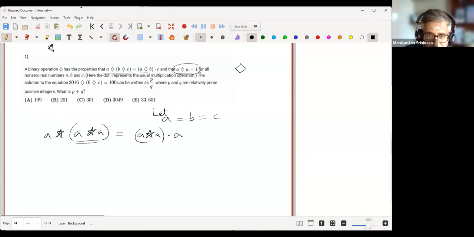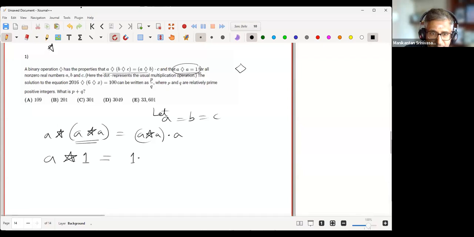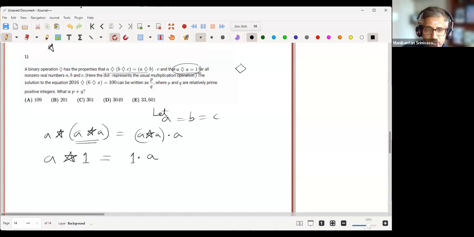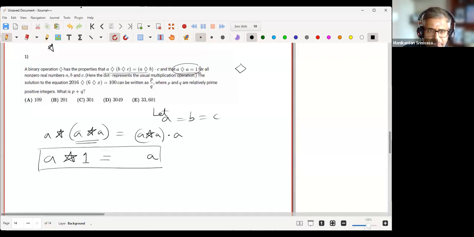So A star A is 1 times A, and this is just multiplication. So A star A is A. That's one inference we have.